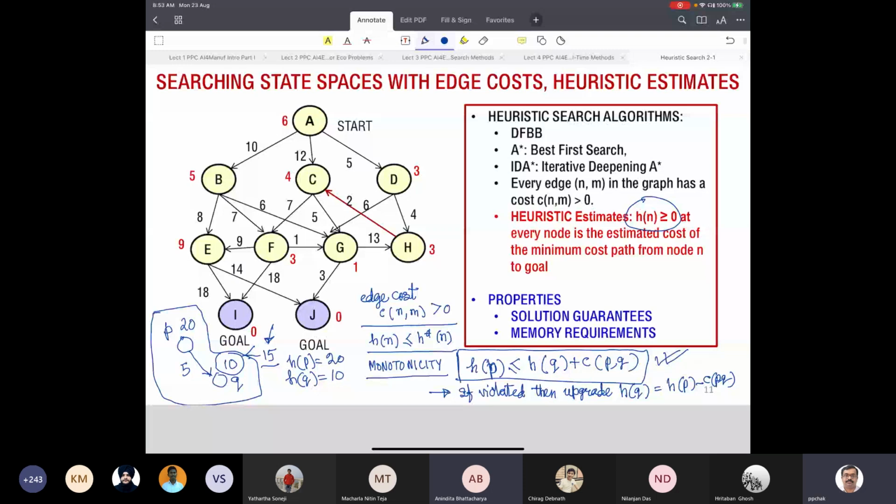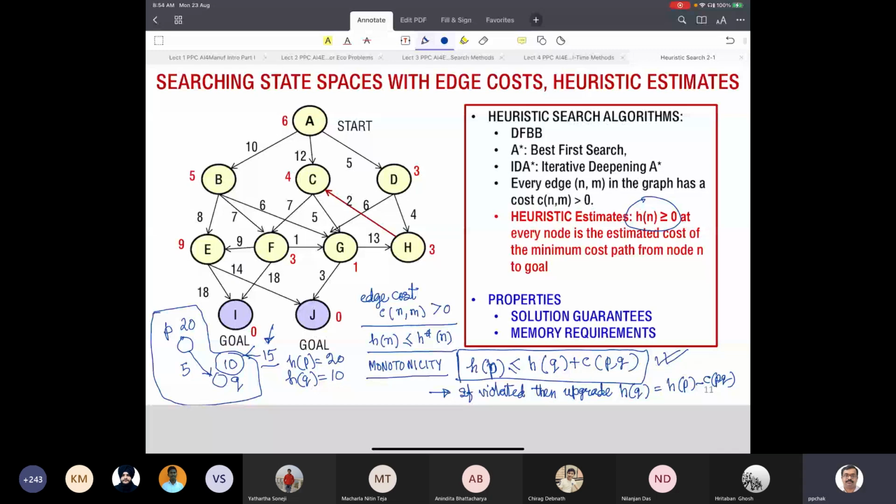So what we have said here is the monotonicity property, and if it is violated, we can upgrade. It comes from our earlier understanding that if the heuristic estimate is an underestimate, the closer we are to the goal, the better. As somebody said, we could have made P 15 also, but that would make the heuristic less accurate.